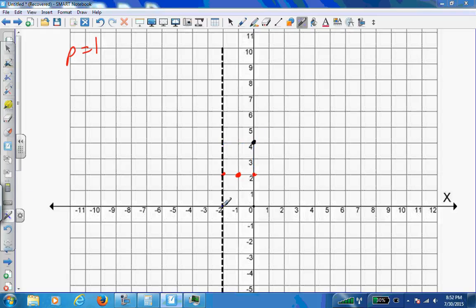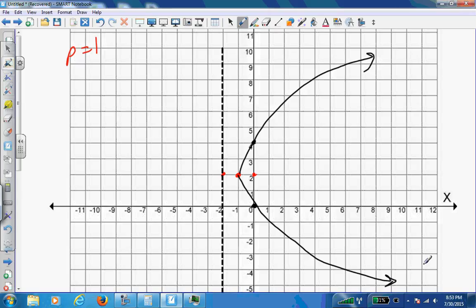If I'm 2 units from the directrix, I need to be 2 units from the focus. So I would have a point there. So we could sketch through our vertex through there, and that would give us a rough sketch of our parabola.